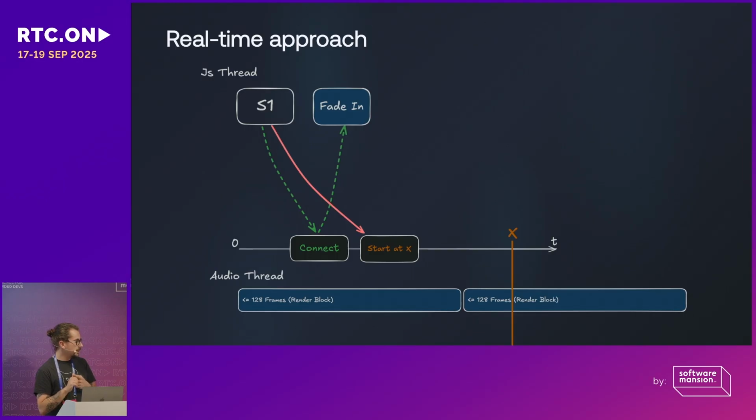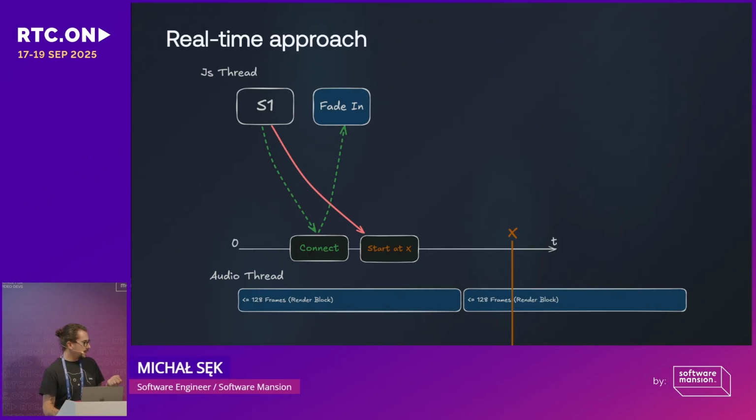And it gives us two advantages. One is that, thanks to that, we can keep the order of the commands exactly as the user called them. Second, we can easily enforce the time requested by the user in some of the commands, for example, start.